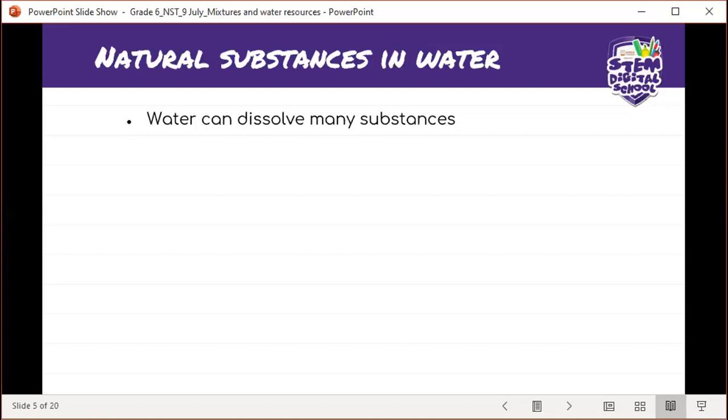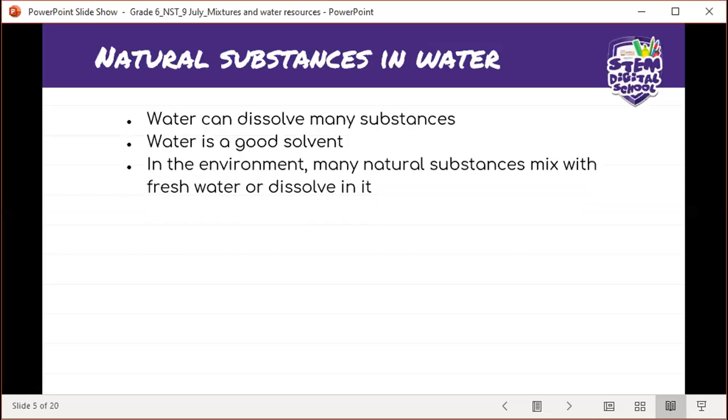So water can dissolve many substances. We said that water is a good solvent. The next bullet reads, water is a good solvent, so that's basically what I have been saying. And then in the environment, many natural substances mix with fresh water or they dissolve in it.